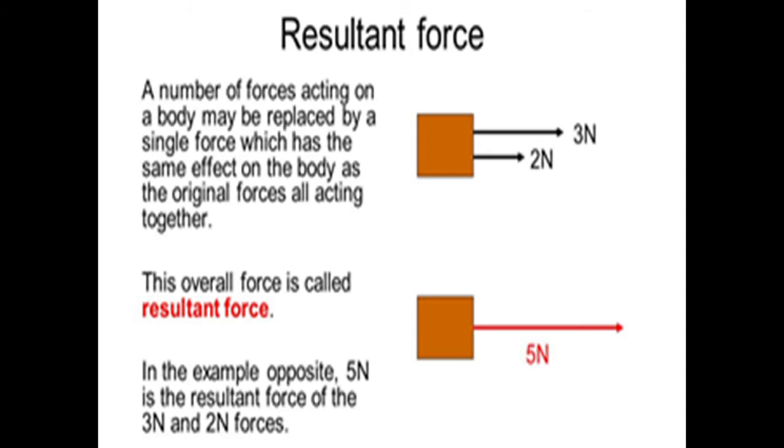How much is it? That is the resultant or the net force. Now, if you add these two together, it's 5 Newton. The resultant of these two forces is 5 Newton to the same direction.